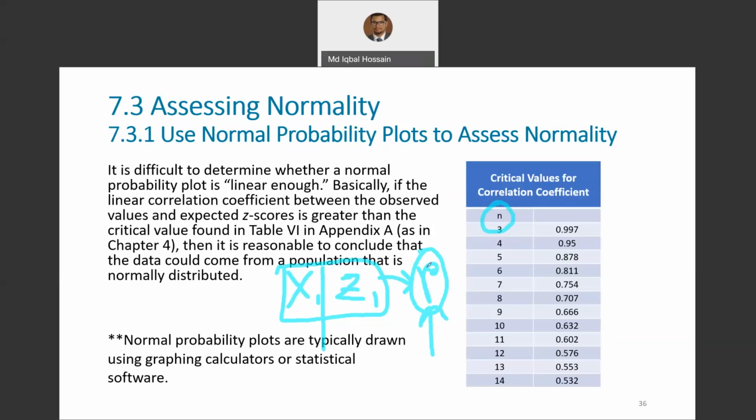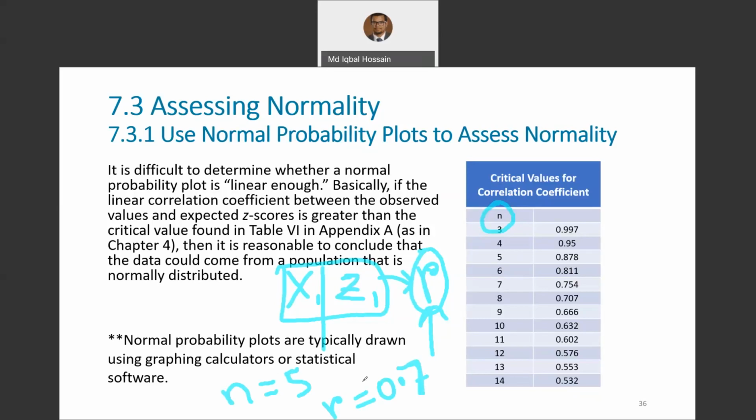So how are we taking the relationship? Suppose we have n is 5, and we find the correlation coefficient r is 0.7. We are just taking random numbers.